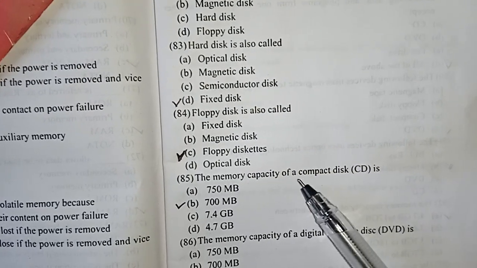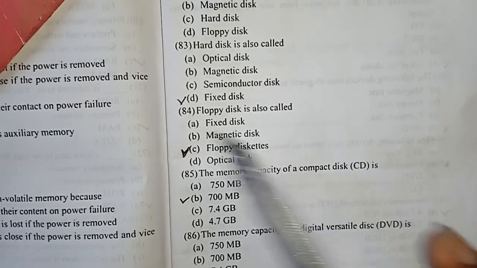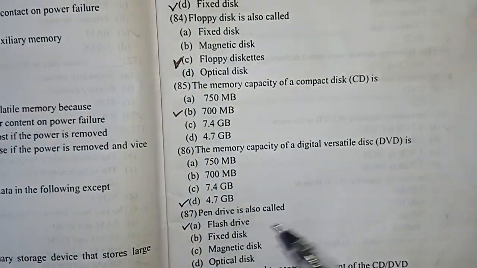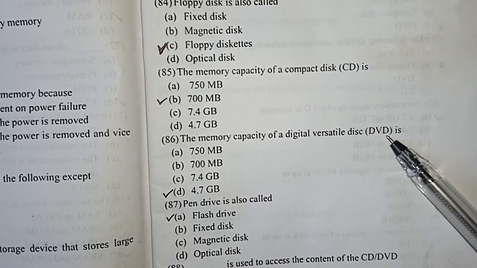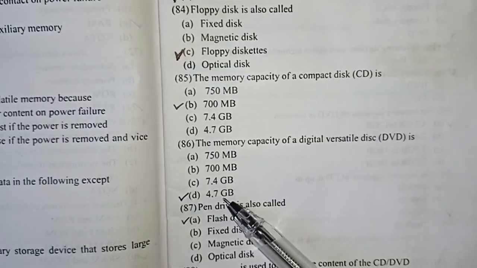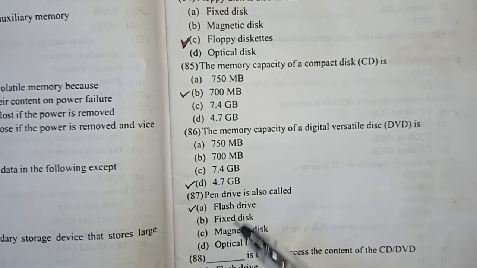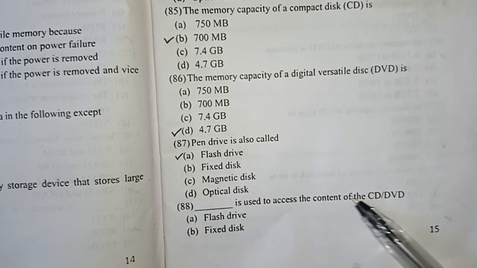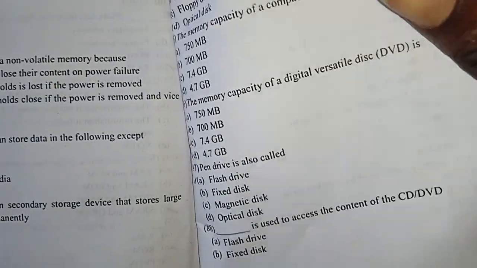The memory capacity of a compact disk, CD, is 700 MB. The memory capacity of a digital versatile disk, DVD, is 4.7 gigabytes. Pen drive is also called flash drive. Dash is used to access the content of the CD or DVD.